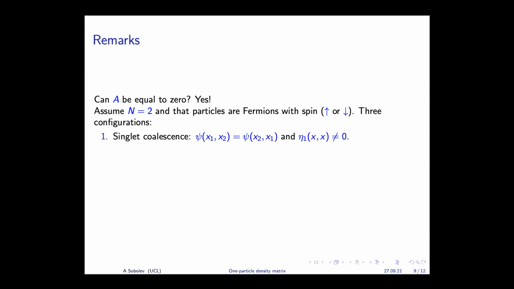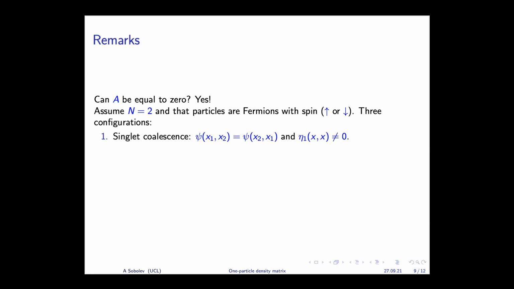The first configuration is called singlet coalescence, when the antisymmetry is carried by the spin part, by the spin variables, whereas the function remains symmetric with respect to permutations of spatial variables. So we're still talking about electrons, but antisymmetry is stored in the spin part. So they have opposite spins.